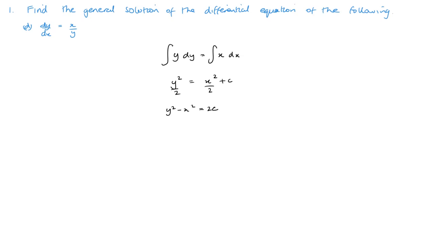And that 2c I could change into another letter, like a. And this y squared minus x squared, I could do as a difference of two squares: y minus x and y plus x. I'm just giving you extra examples here.